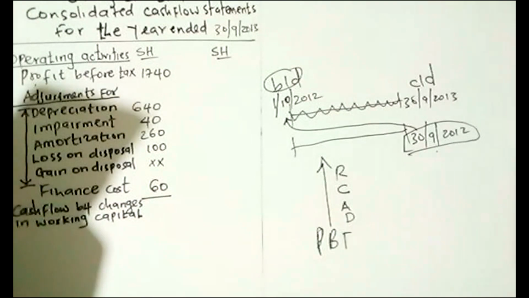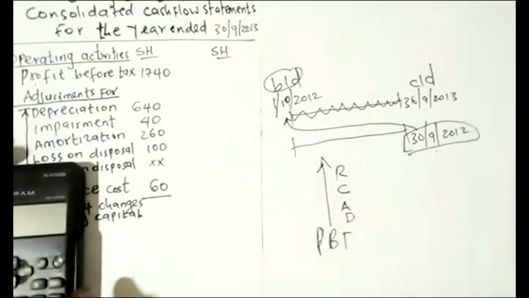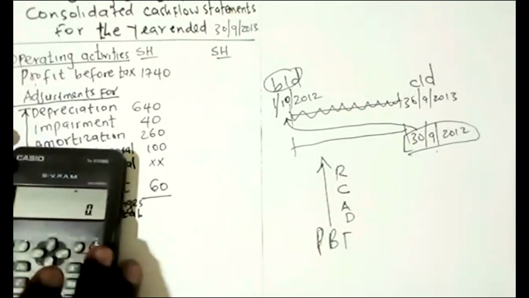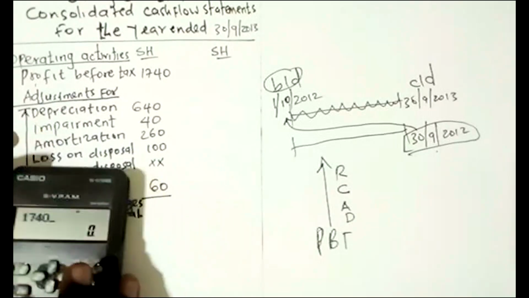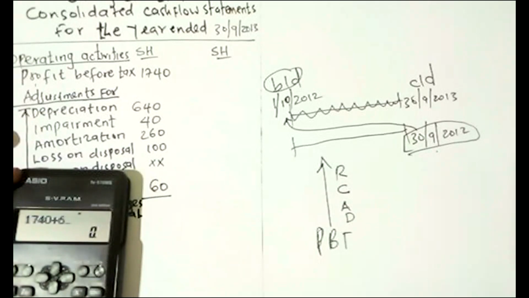So 1740 plus 640 plus 40 plus 260 plus 100 plus 60.